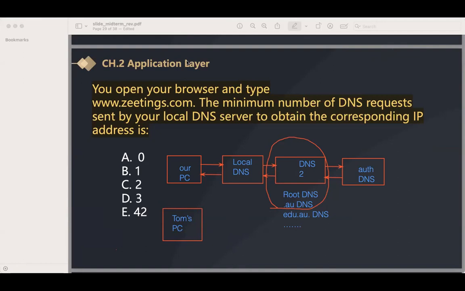Then Tom's PC may have requested the same website before. So we have a cache in the local DNS, and the local DNS already has the answer for this, which means it can directly answer our question. So what is the answer now?